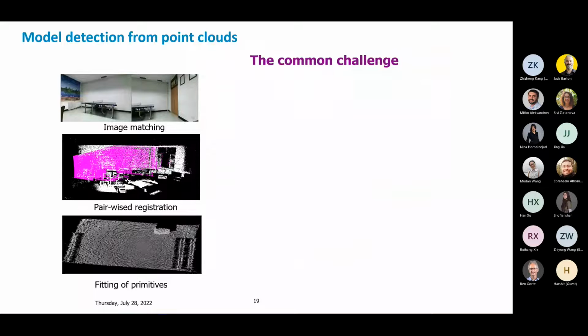This is the common challenge we need to face, no matter image matching, pairwise registration, or the fitting of primitives: we need to detect the correct model parameters from the point cloud.